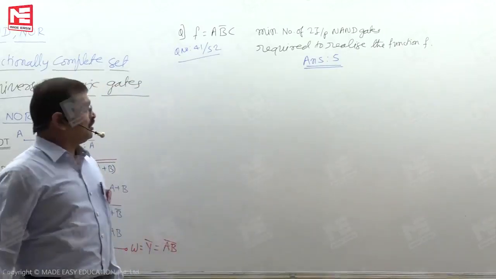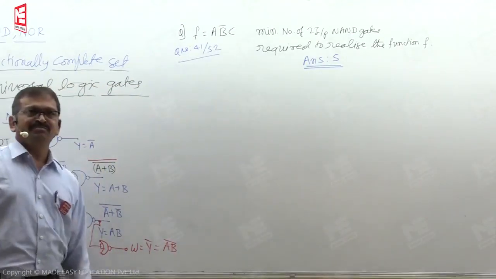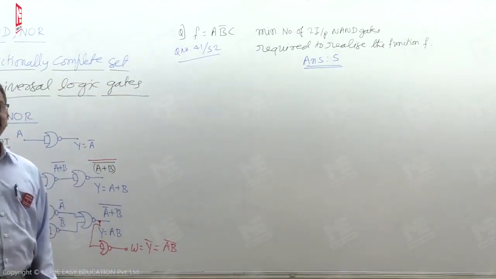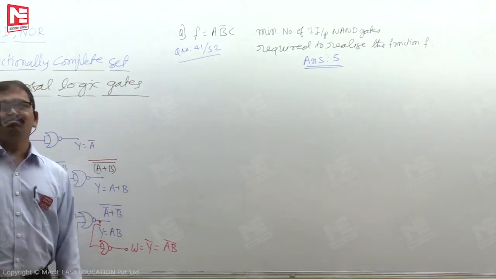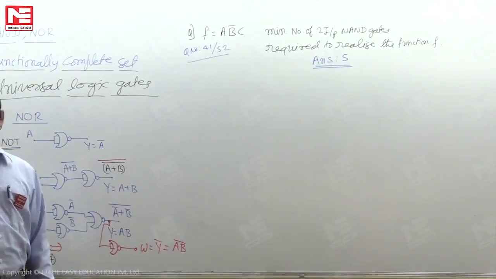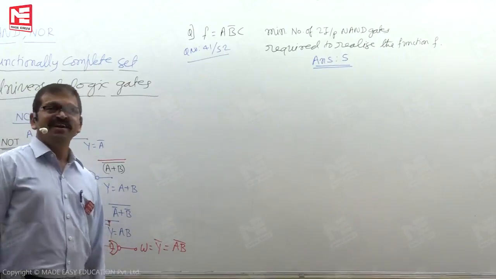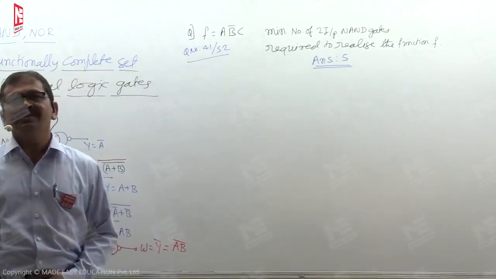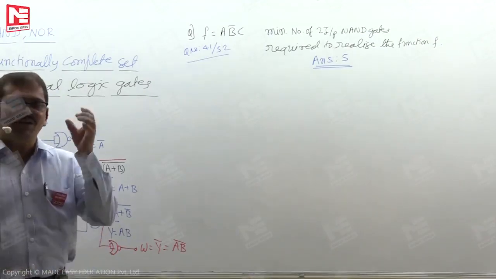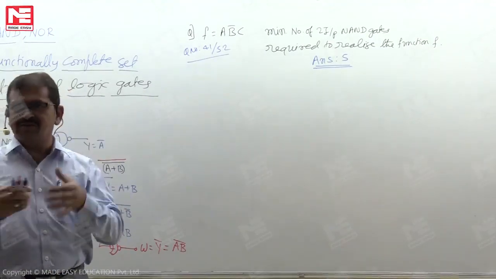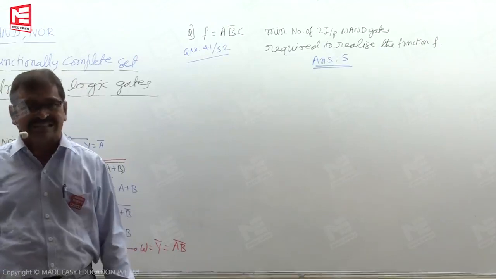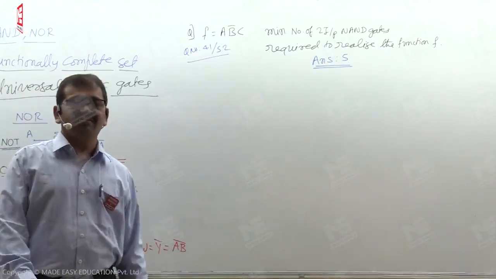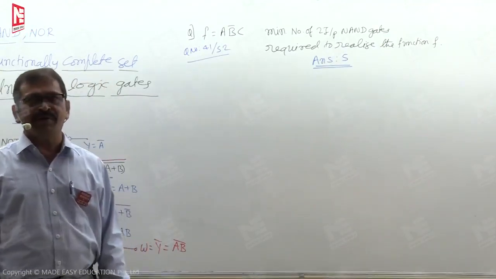Whenever we have a question of this nature, be clear yourself. Don't assume B bar is available. B bar won't be available. Unless it is mentioned, you need to consider that in this sort of question, the variables are available only in uncomplemented form.